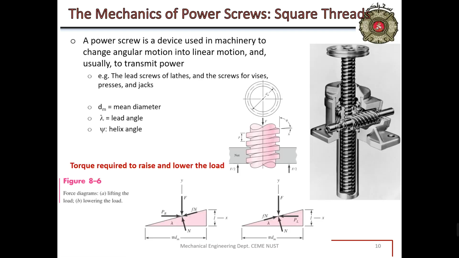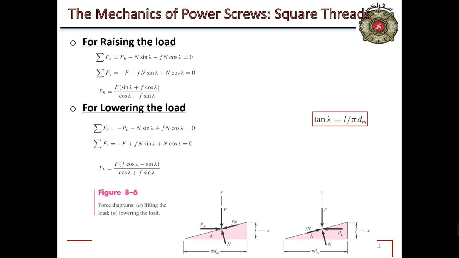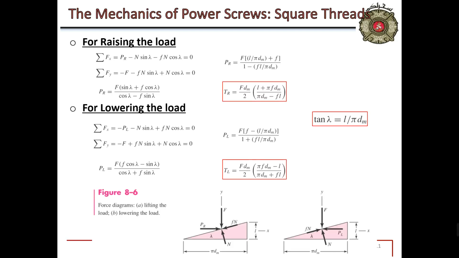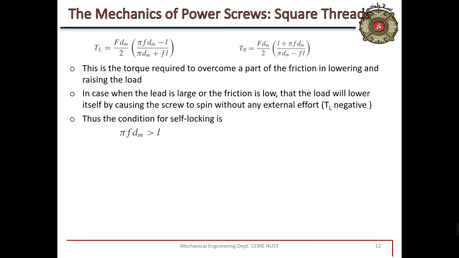Then we studied the torque required to raise the load and the torque required to lower the load. These two equations are given in terms of either lambda or dm. These were the two final equations. There were different cases.